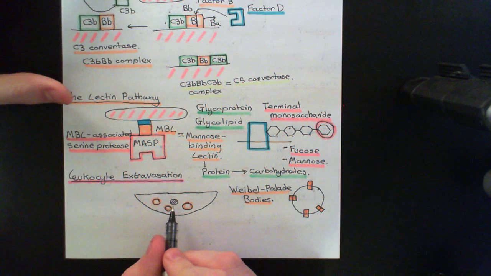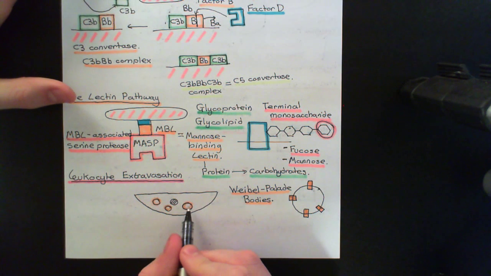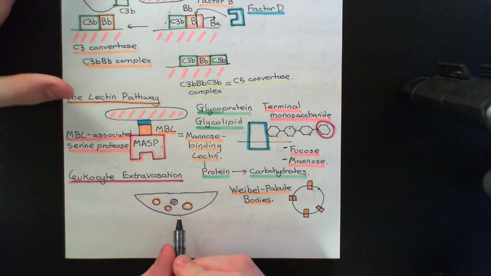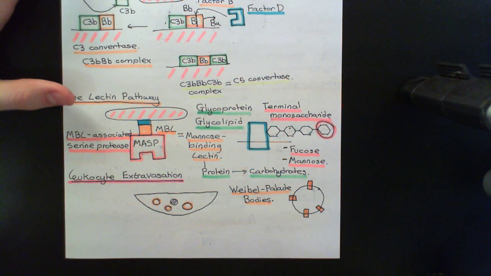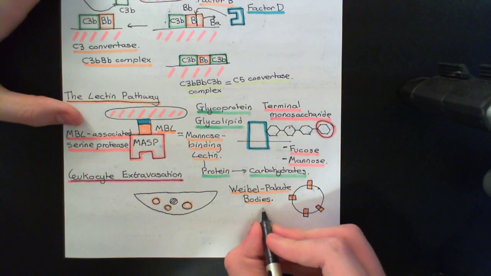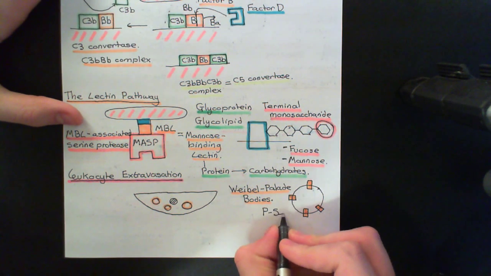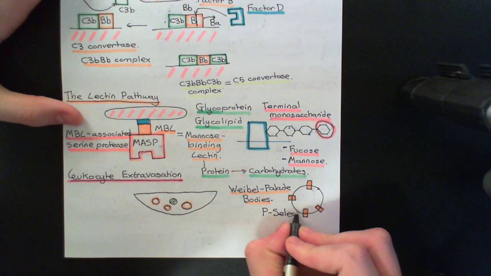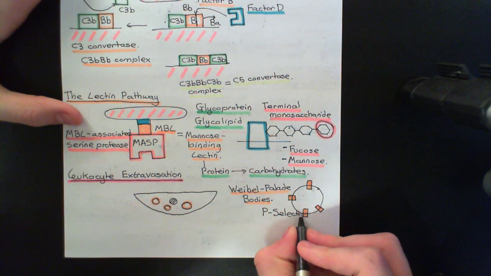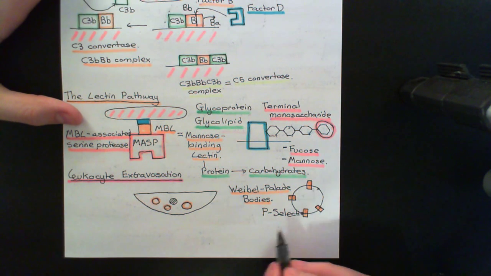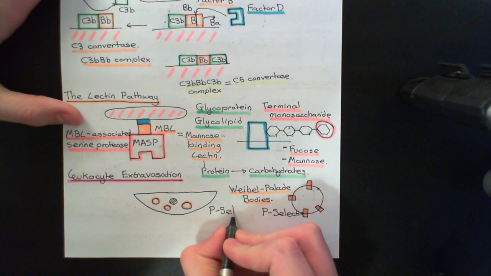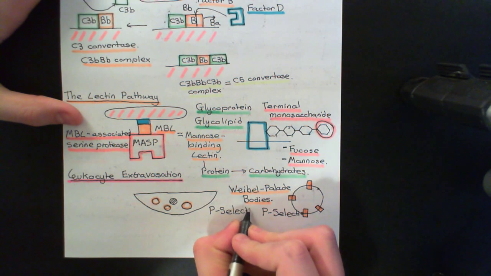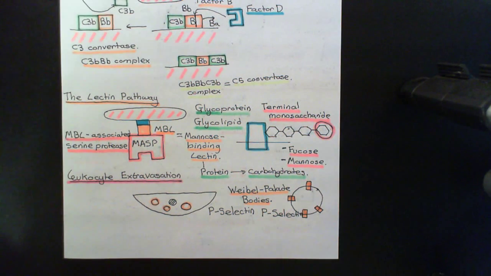But when the endothelial cell undergoes type 1 activation, it's going to fuse these Weibel-Palade bodies with the apical membrane, and therefore these proteins are going to end up in the apical membrane. So I'll just write down the name of this protein. These integral membrane proteins stored in the membrane of the Weibel-Palade bodies are by the name of P-selectin, and I'll just write it out again because it's gone a little bit over there, so it's not particularly clear.